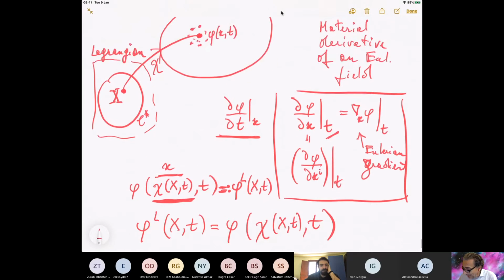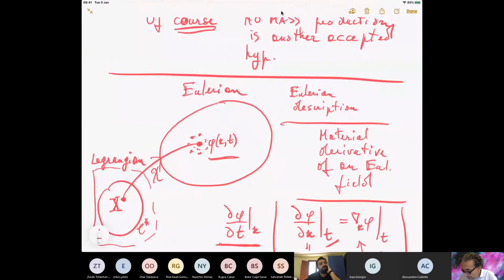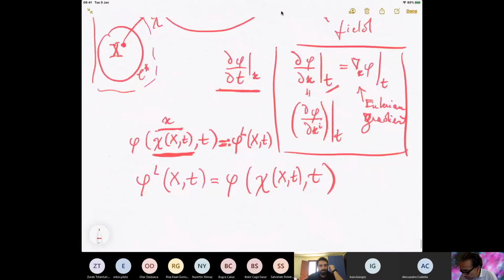So you have an Eulerian field. You have defined it in the Eulerian description, in every position and time. Then you have your motion, okay? And you estimate the field in the Lagrangian description.